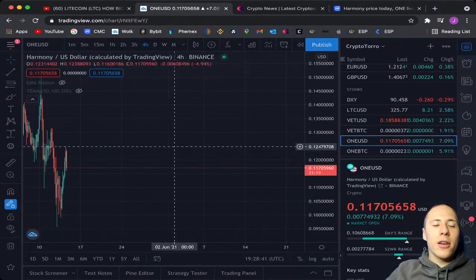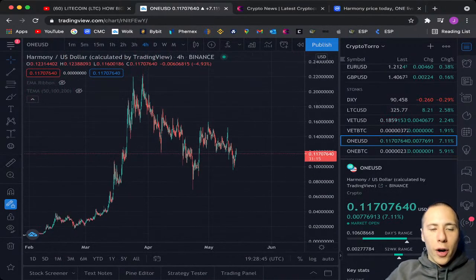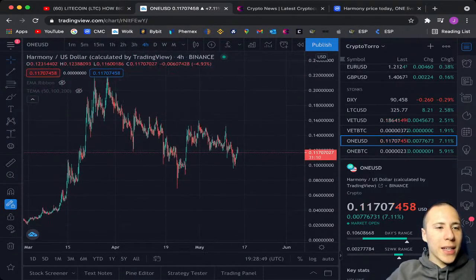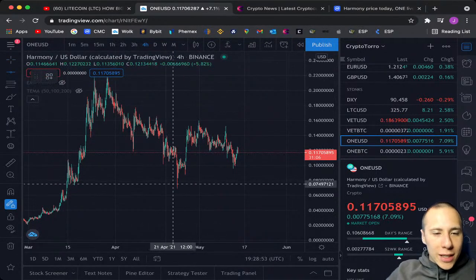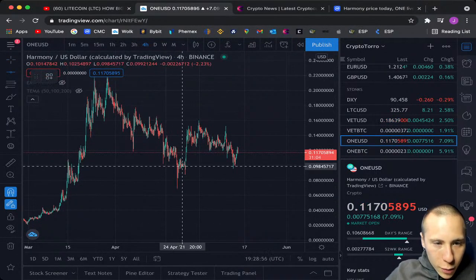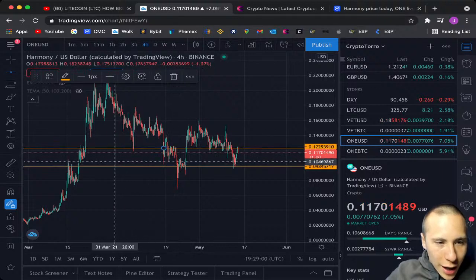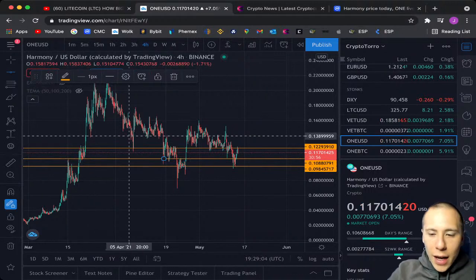So let's start by looking at Harmony compared to the US dollar on the 4-hourly time frame. What I will be placing at first are some levels of resistance and support, so we have an even better look at what it will be doing in the upcoming days.